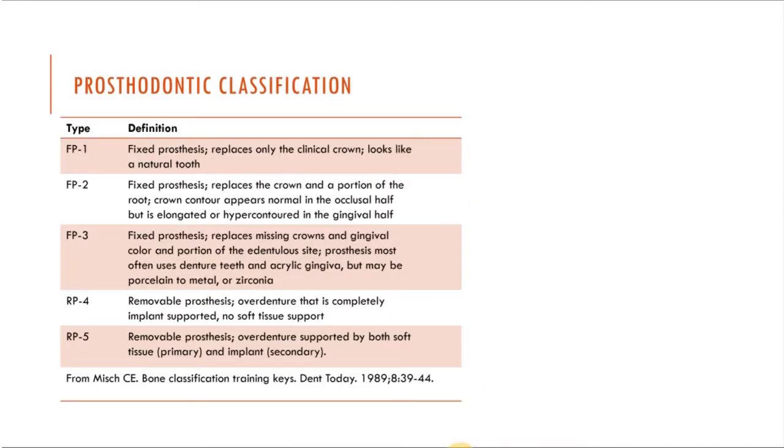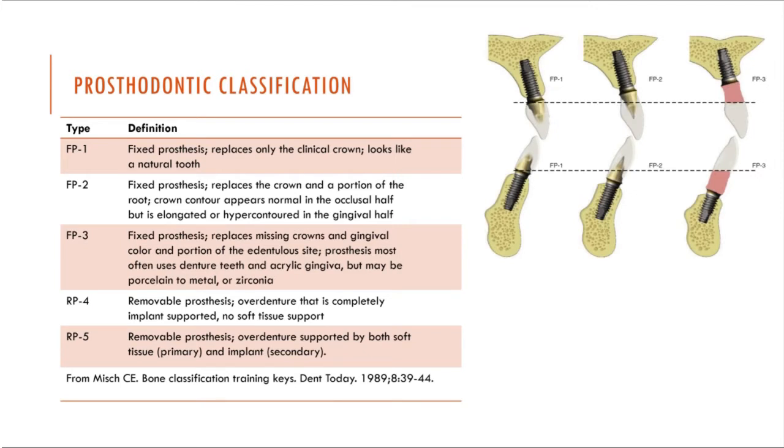Before we go further into details, I would like to briefly explain the prosthodontic classifications for implant prosthesis. According to MIS, there are 5 types of implant prosthesis. 3 types are for fixed prosthesis and 2 are for removable prosthesis. The FP1 is a fixed prosthesis that replaces only the clinical crowns and looks like a natural tooth.